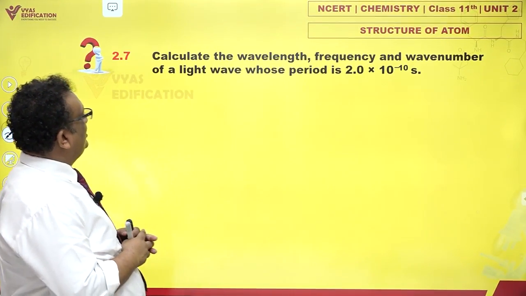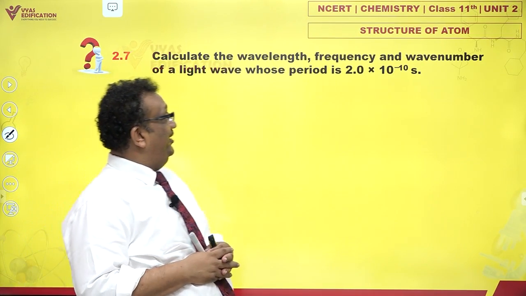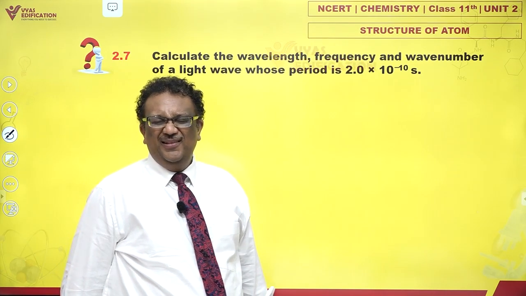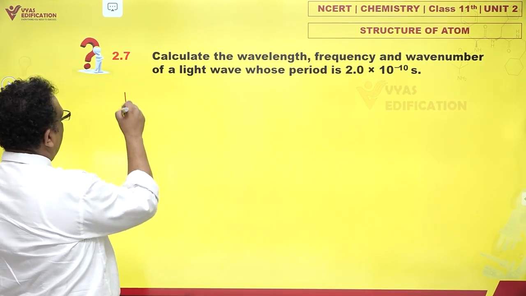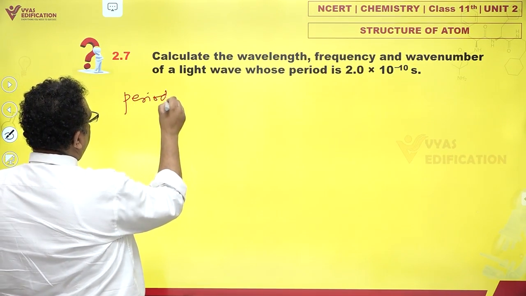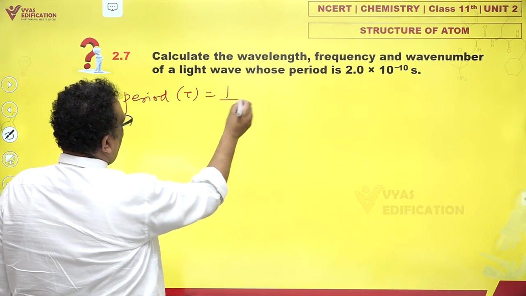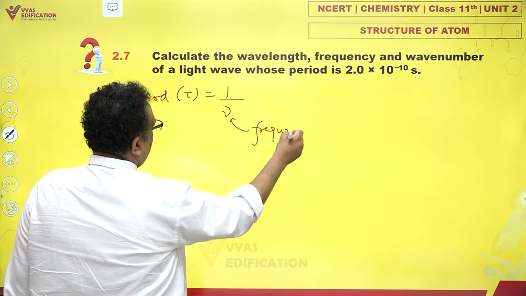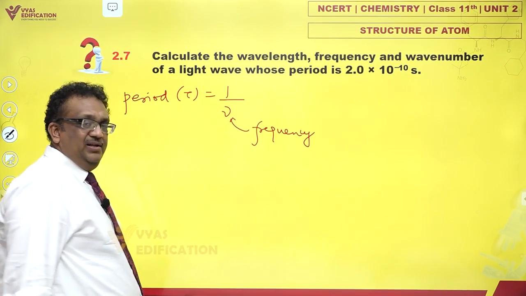Calculate the wavelength, frequency and wave number of light wave whose period is 2 into 10 raised to minus 10 seconds. That's as lovely as it gets. Period tau is 1 by frequency nu. That's how I define it.